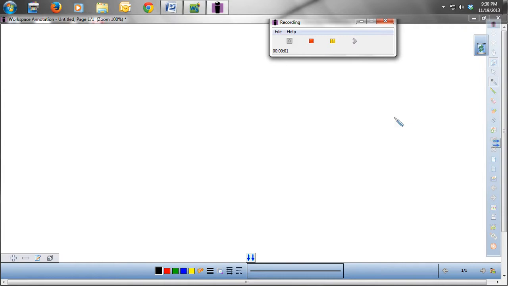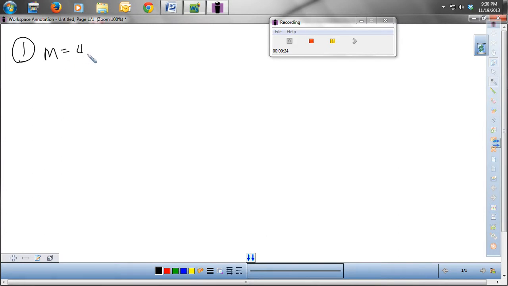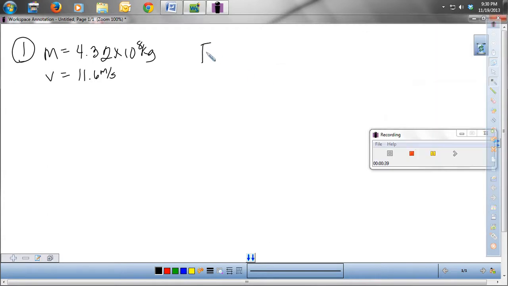It tells you that the mass of the object is 4.32 times 10 to the 8th kilograms, and that it's moving at 11.6 meters per second. I believe this is the Titanic that it's talking about, so I know that momentum is P and it's equal to mass times velocity.